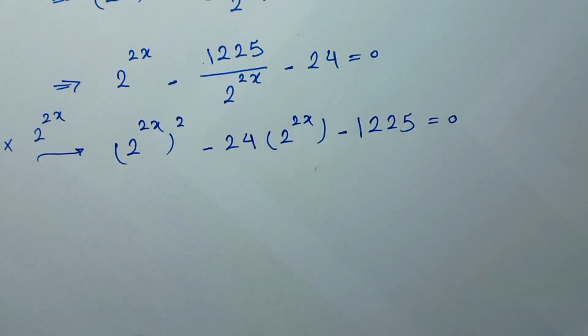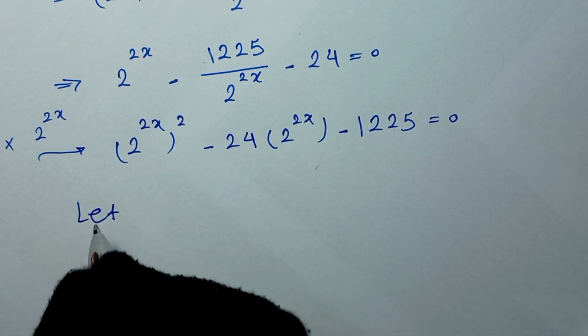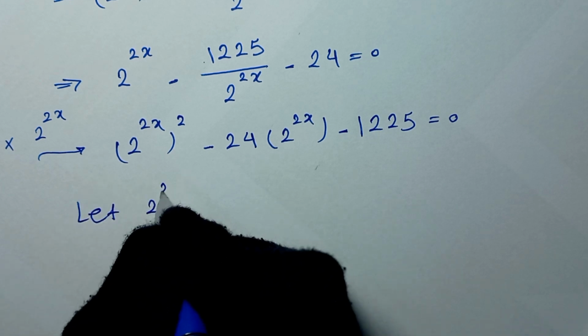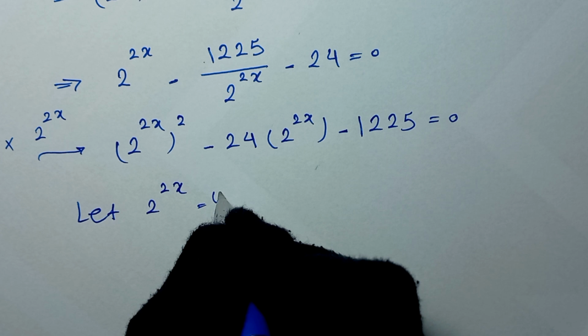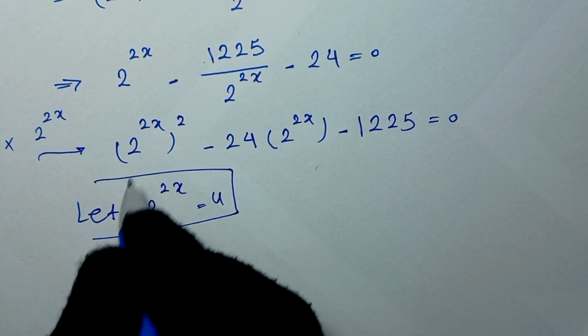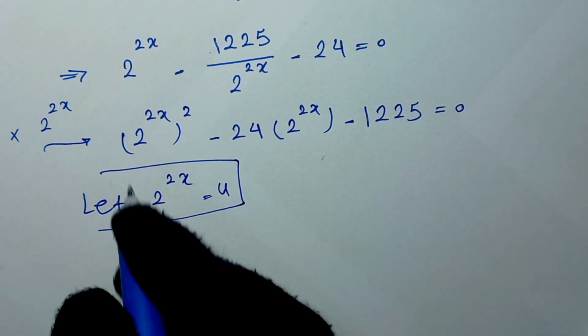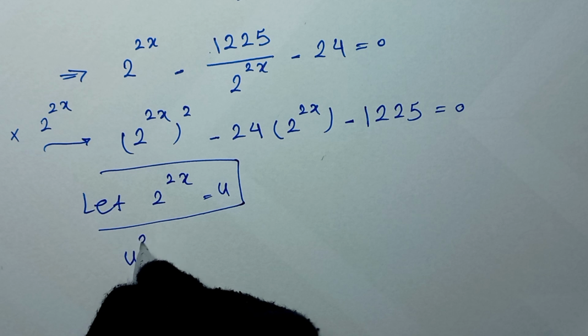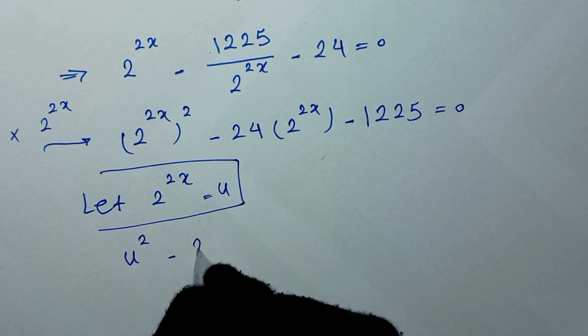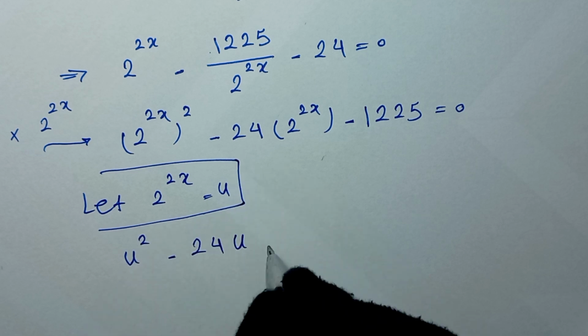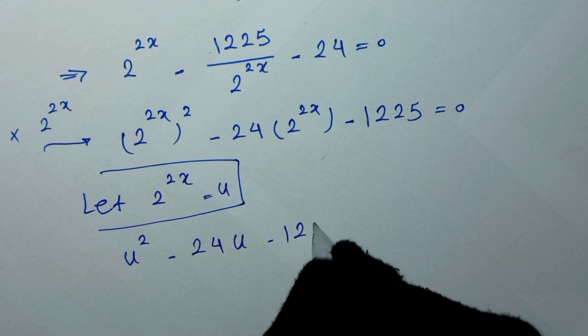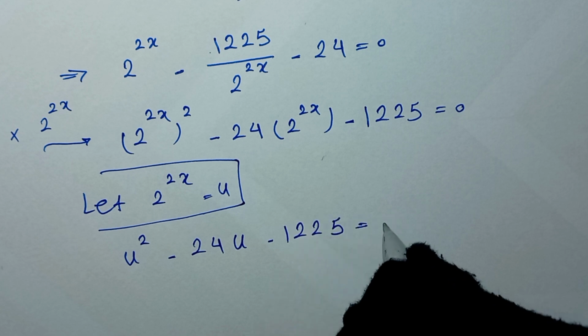And next step, we let 2 to the power of 2x as u, and we rewrite this equation, and it will be u square minus 24u and minus 1225 is equal to 0.